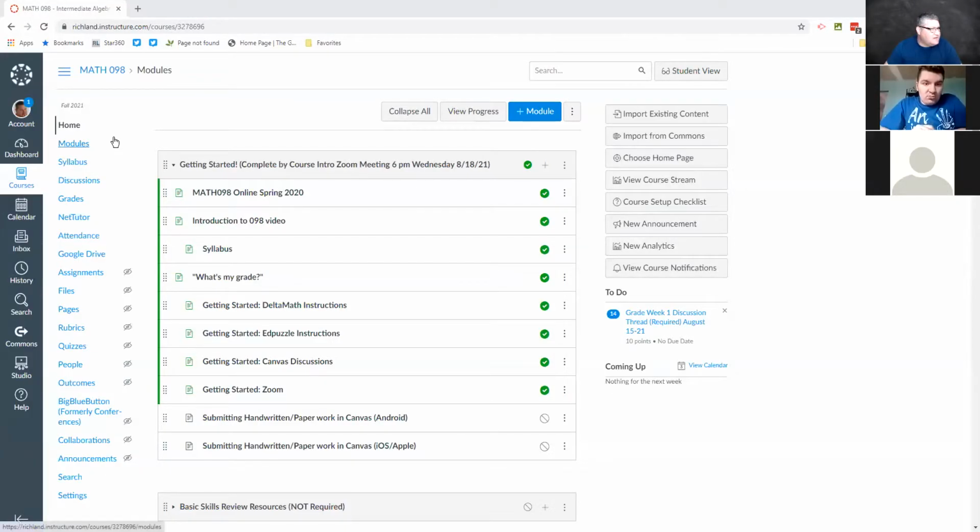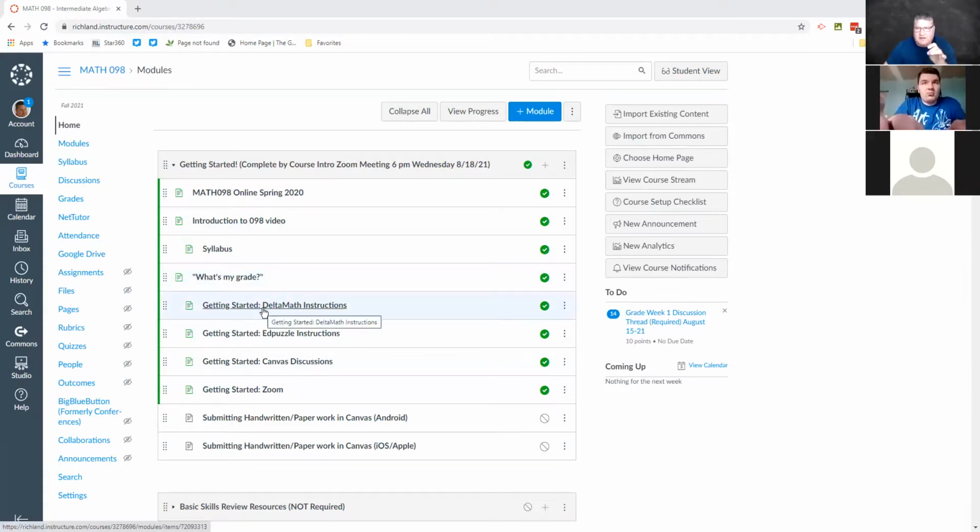All right. Can everybody see my Canvas screen share? Yeah. All right. Awesome. Now, with that in mind, you need to start here. All of these materials here at the top should be done. You should already have watched the introduction video, accessed the syllabus, and we'll go through what's my grade in a minute.